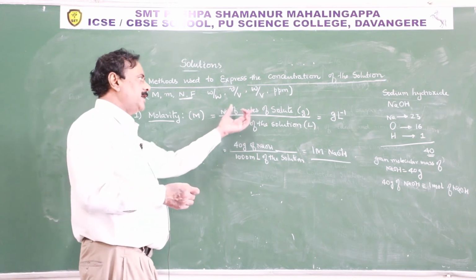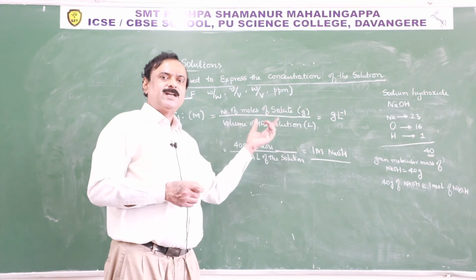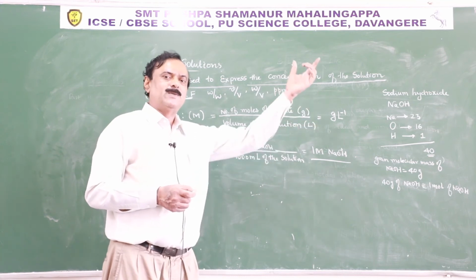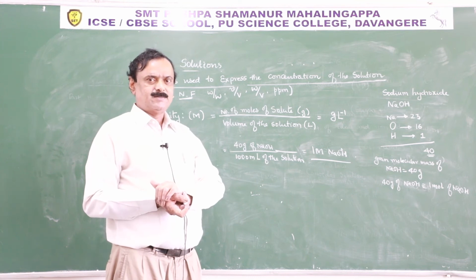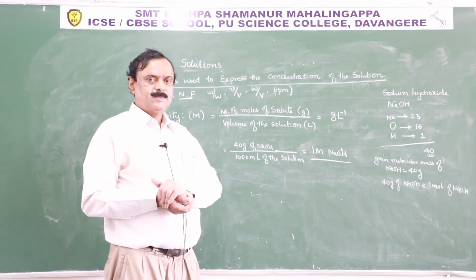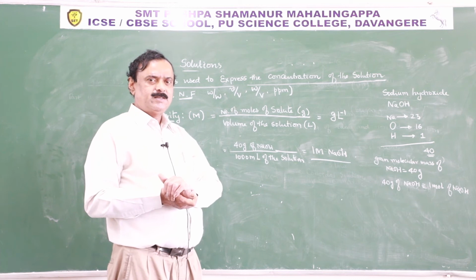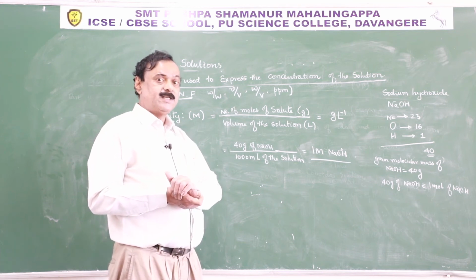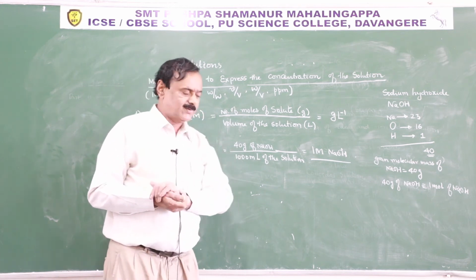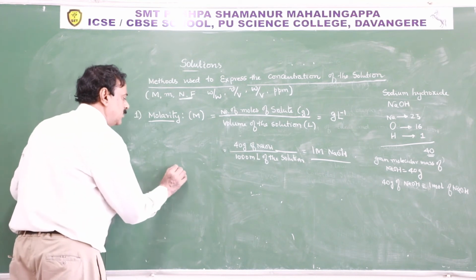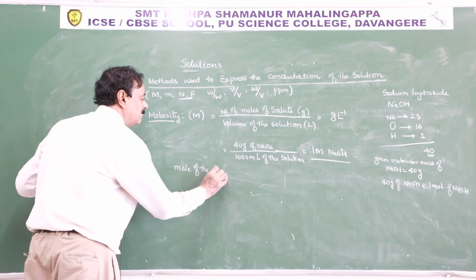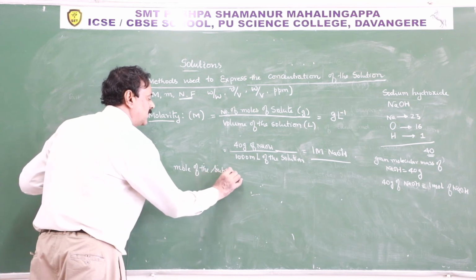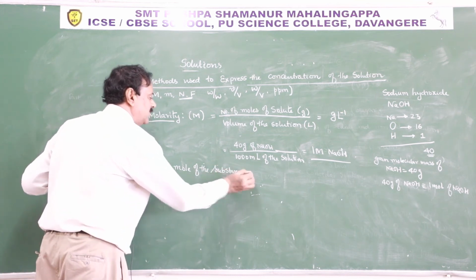Therefore, the quantity of the substance in gram divided by its molecular mass gives the number of moles. How do you calculate the mole of a substance, any substance given in the exam?